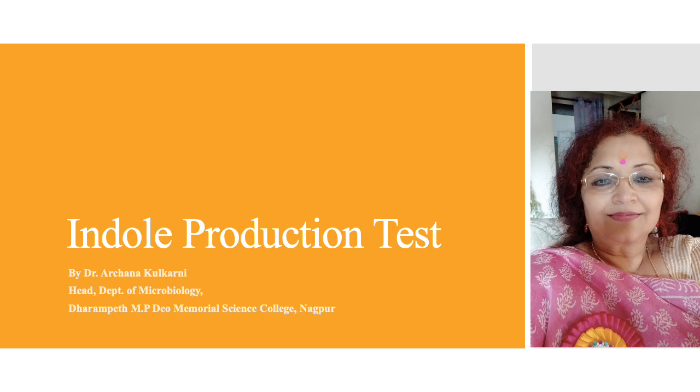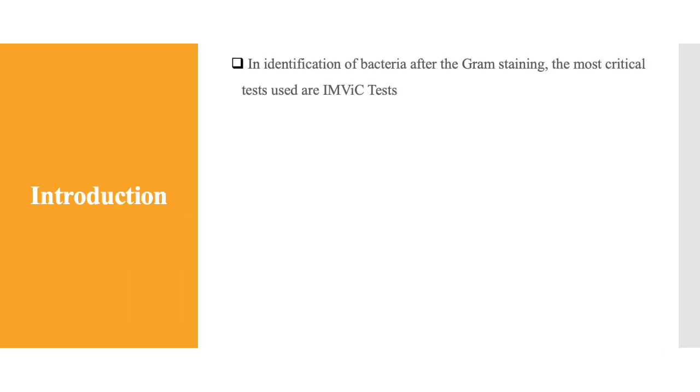Friends, in this video I shall be covering the principle, mechanism, biochemistry and procedure of the indole production test. In identification of bacteria after the Gram staining, the most critical tests used are the IMViC tests.